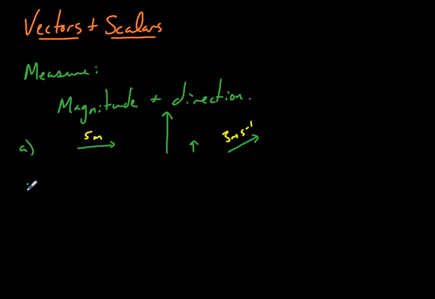You might also run into vectors where the direction is indicated by a negative or a positive sign. Where you'd see something like that is, let's say you have a number line, and this may be representing an object or a person moving along a number line.